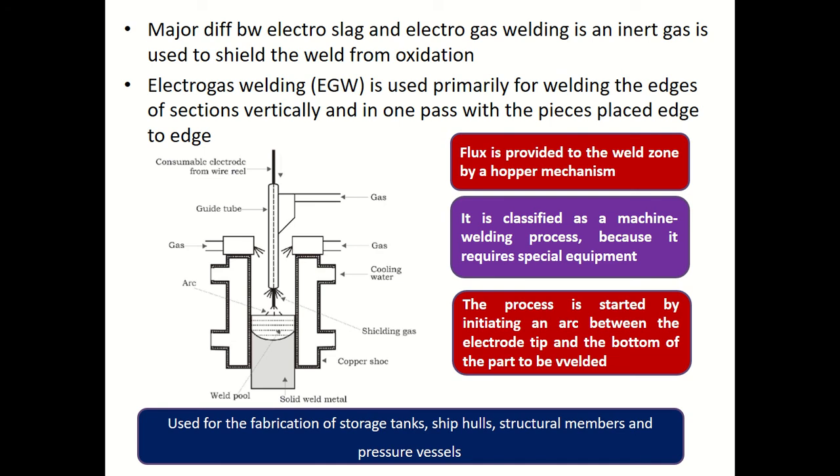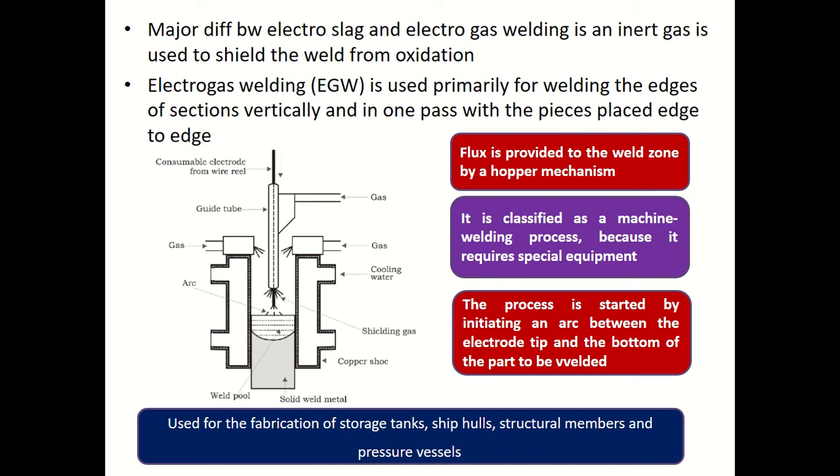There will be copper shoes, which are also used in electro slag welding, supported by water cooling to control the weld zone. The flux is either provided to the weld zone through a hopper mechanism or in the form of a core wire, like the electrode wire.